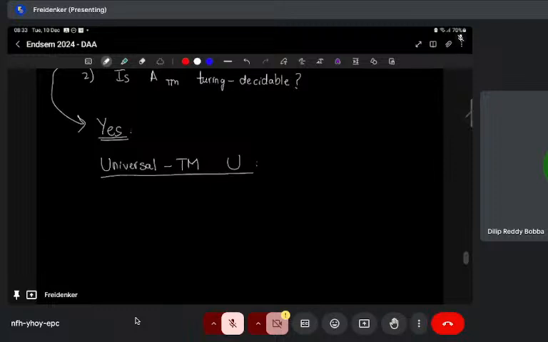And how does it work? If you have an input which looks like M comma w, we know that M is a Turing machine and w is a string.